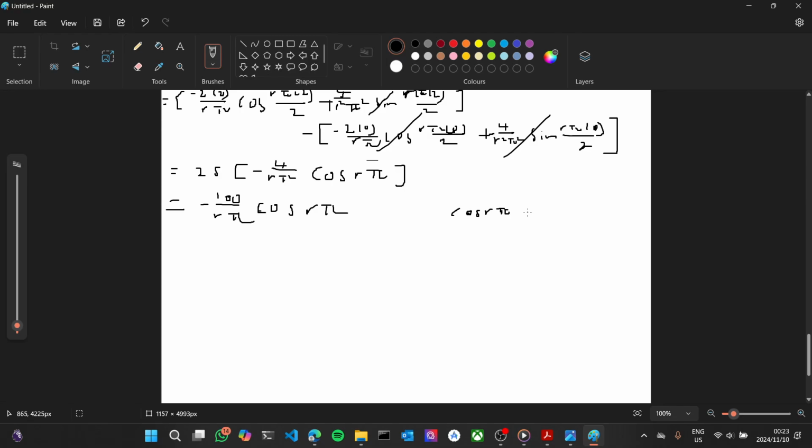If it's even, it'll be equal to +1. That can be expressed as (-1) to the r. Okay, and so this negative can also be factorized from the 100 here.